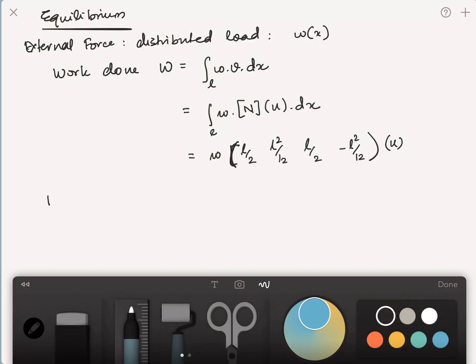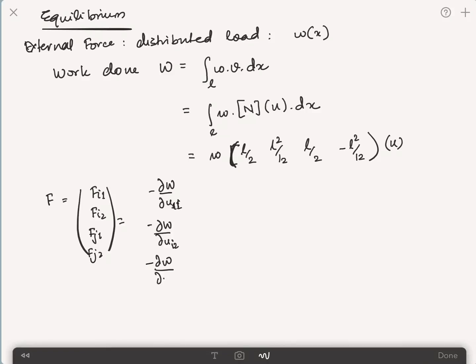So if I have the force vector F, which is given as Fi1, Fi2, Fj1, Fj2, then that can be given as minus the partial derivative of the work done with respect to Ui1, partial derivative with respect to Ui2, partial derivative with respect to Uj1, and partial derivative with respect to Uj2.